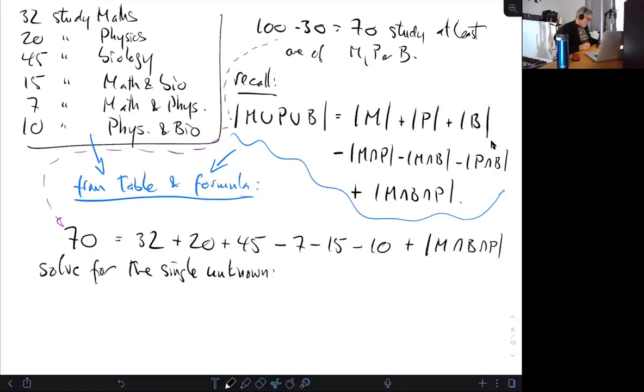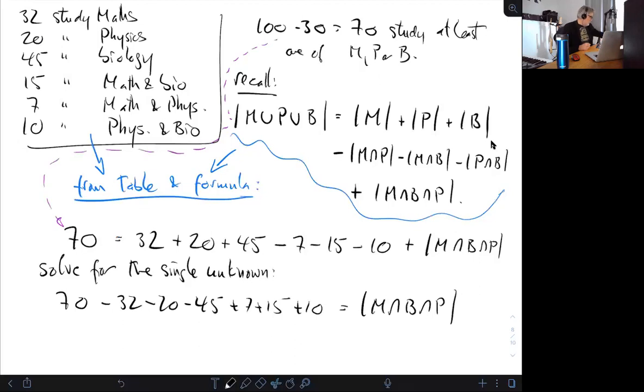So let's see, I'm going to get 70 minus 32 minus 20 minus 45 plus 7 plus 15 plus 10 is equal to that number I'm looking for. And so you take your calculator because you're lazy and you have better things to do. 70 minus 32 minus 20 minus 45 plus 7, and I messed up.